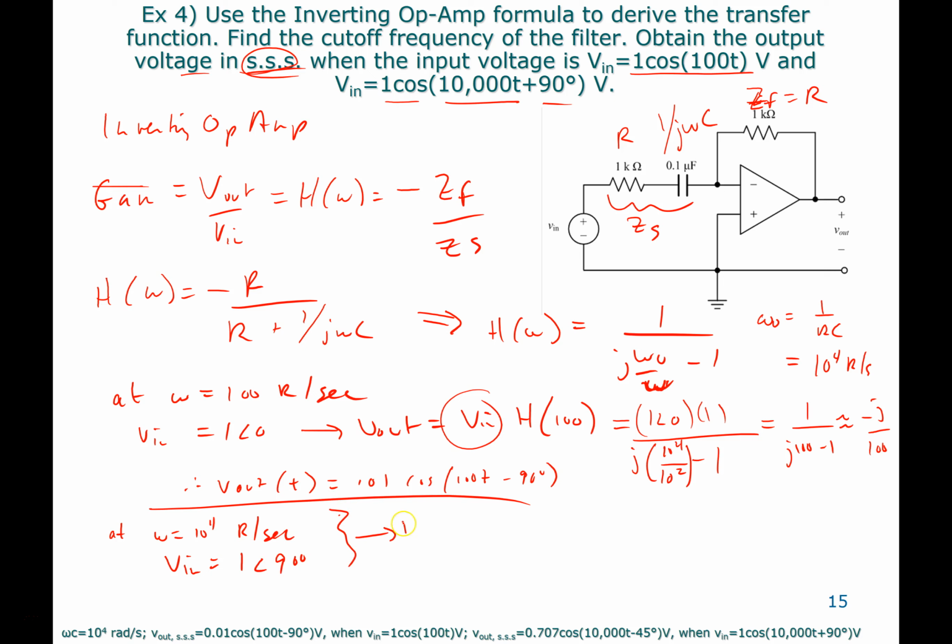Then your V out is going to equal your V in, again, times the system function: 1 angle 90 degrees, divided by, in this case, j times 10 to the 4 over 10 to the 4. You're actually hitting it right at that corner frequency. And so that equals 1 angle 90 over root 2 with an angle of 135 degrees.